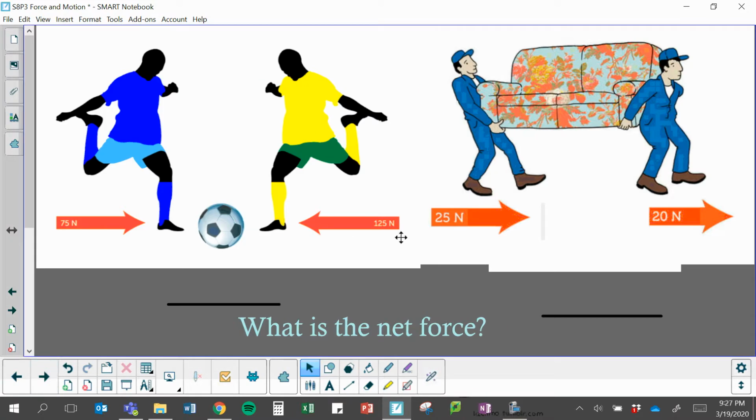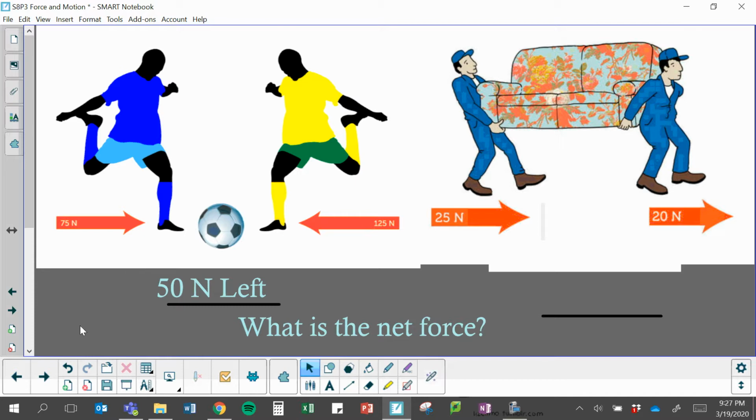Okay, so look at this first example where we have 75 newtons and 125 newtons. What is the net force? Okay, so in this example, our net force is going to be 50 newtons to the left. These are going in opposite directions, so we're going to subtract them.